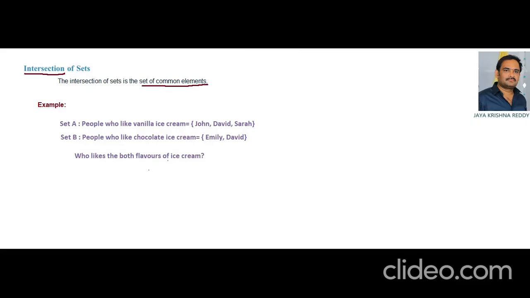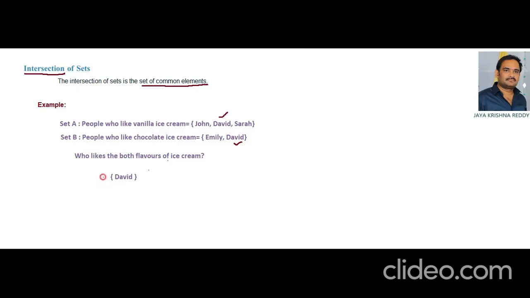Can you identify the person from set A and set B who likes both the flavors of ice cream, vanilla and chocolate? Yes, it is David, because he likes vanilla ice cream and he likes chocolate ice cream. So David likes both the flavors of ice cream.